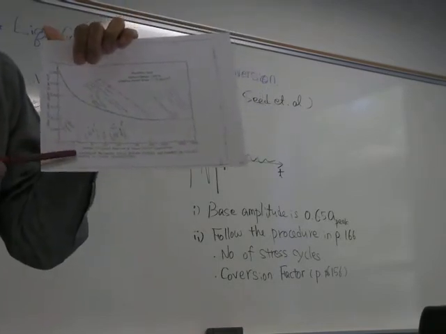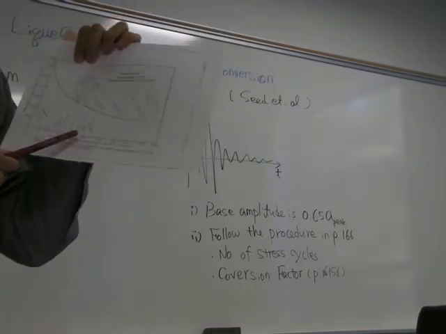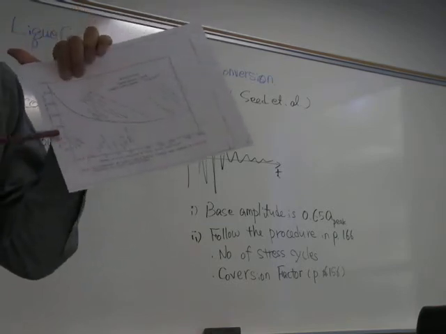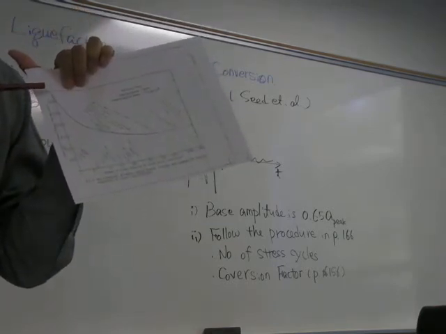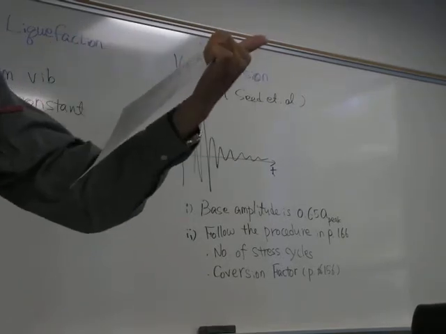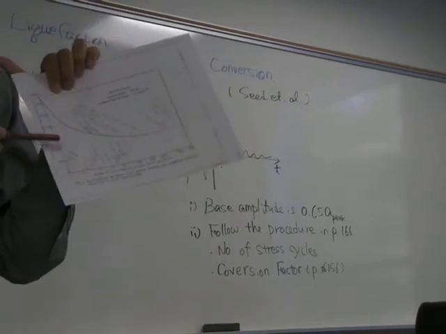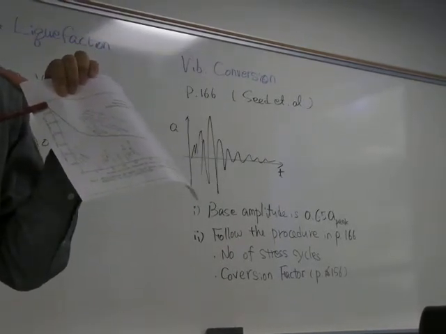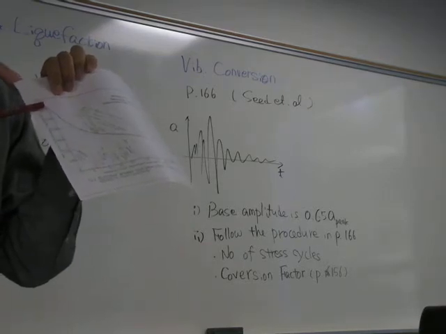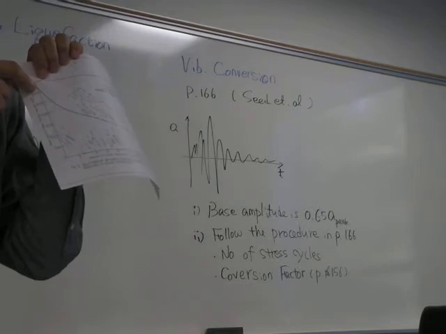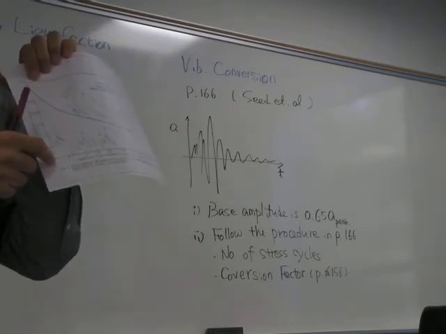In this figure, the x-axis is the number of cycles that cause the liquefaction, and the y-axis is just the acceleration. Forget about the stress or whatever, just assume this is the acceleration, and this is the peak acceleration. So this point means we have peak acceleration, 1 cycle.